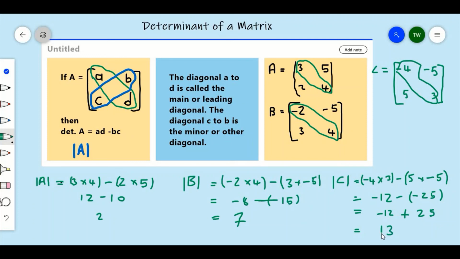Remember, when you are adding or subtracting integers, when the signs are different, you subtract and keep the sign of the larger number. When the signs are the same, you add and keep the same sign. Alright. So that's how you find the determinant of a 2 by 2 matrix.